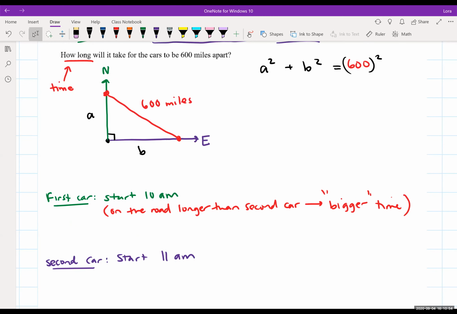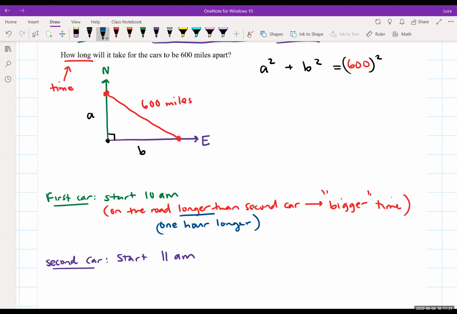The other concept I want to ask myself is, how much longer has this car been on the road? So if the car started at 10 and the second car started at 11, there's an hour between it. So actually we're even more specific. It's been on the road longer than the second car, 1 hour longer. So that's even better. We have more information.